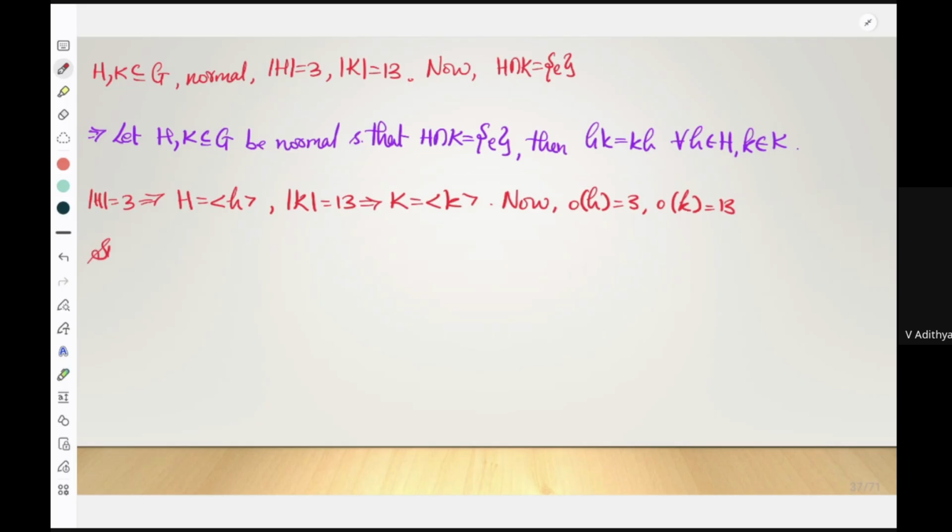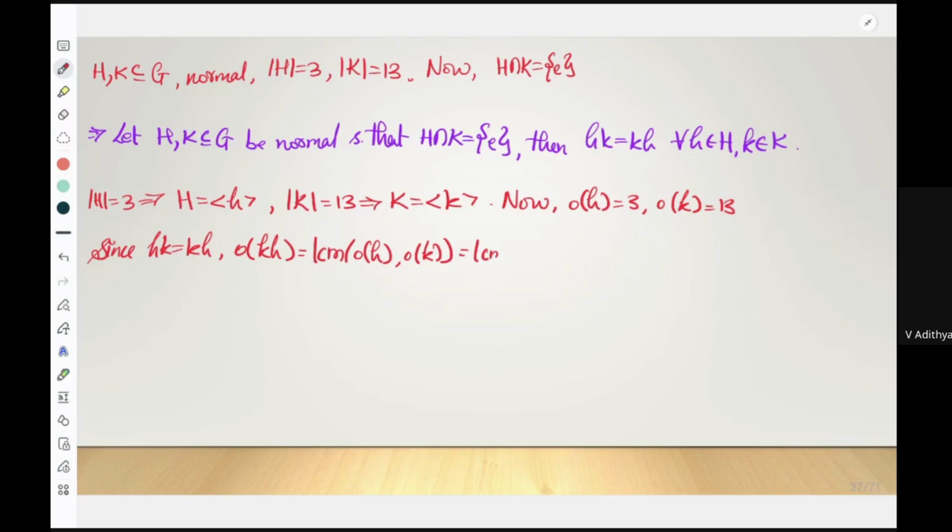Yeah, so now since hk equals kh, order of hk is basically what? LCM of order of h and order of k. We know this result only if h and k commute. If h and k are of finite order and they commute, then order of hk is the LCM of order of h and order of k.